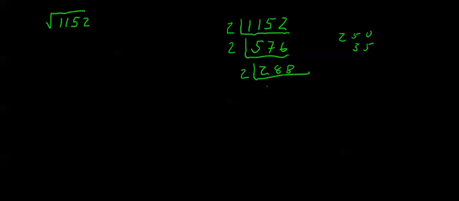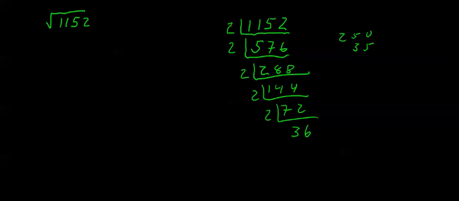Even, divided by 2, 144. Even, divided by 2, 72. Even, divided by 2, 36. And 36, by the way, is a perfect square.